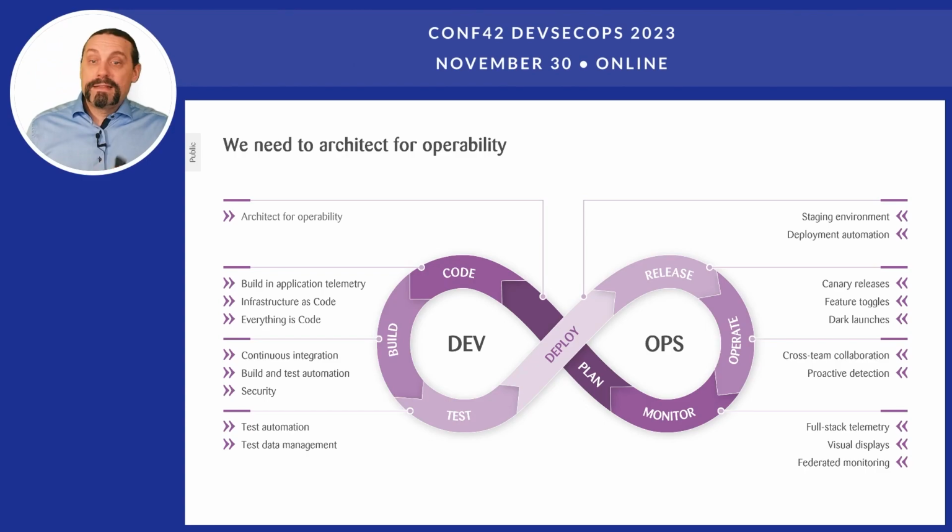And then when we are going to code, we need to build in application telemetry. The developer also needs to think about how to get the data out into the logging systems. We need to apply infrastructure as code. In the end, everything should be code.